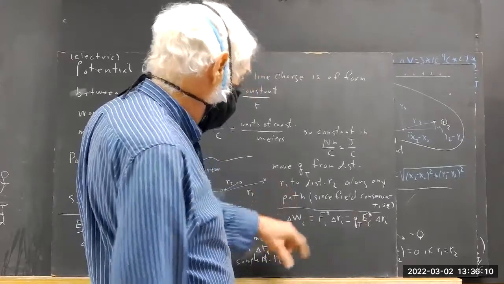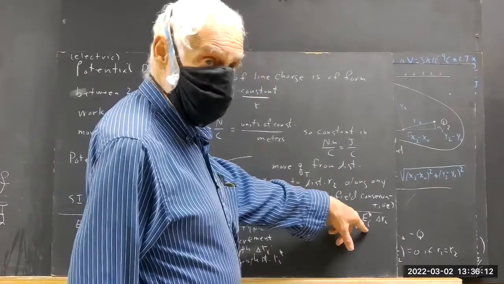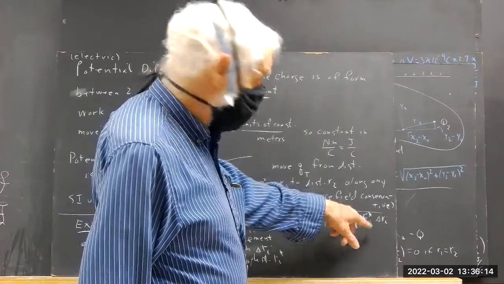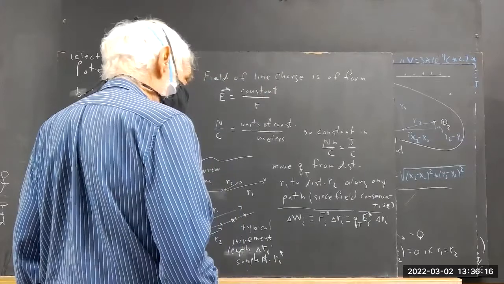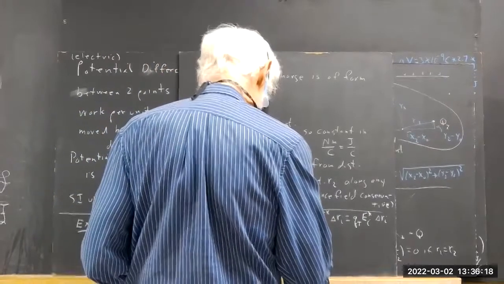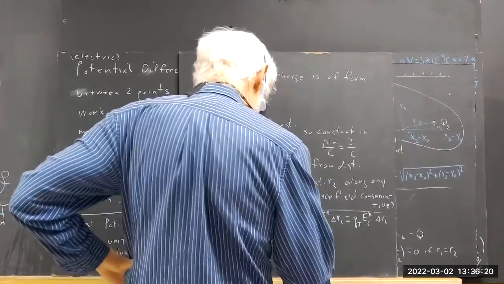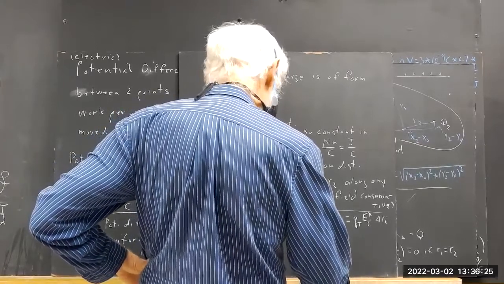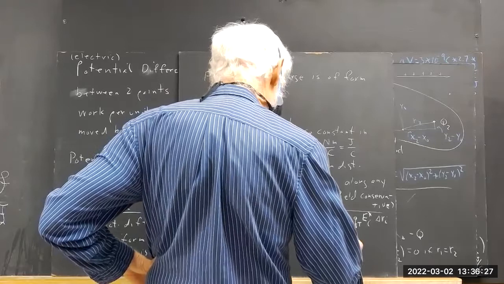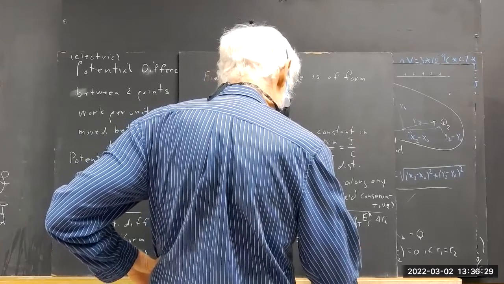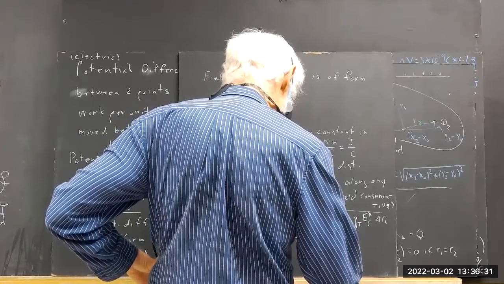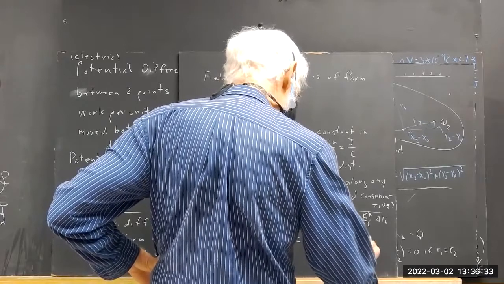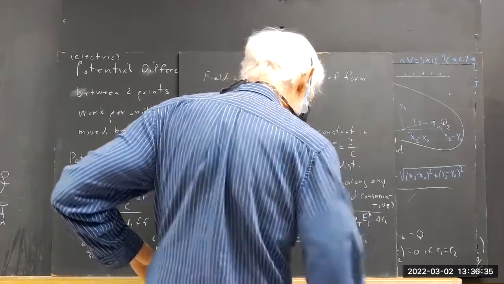For small increments, that's very close to the average value of the quantity. That's then Q_T times your constant over R_i star, delta R_i.